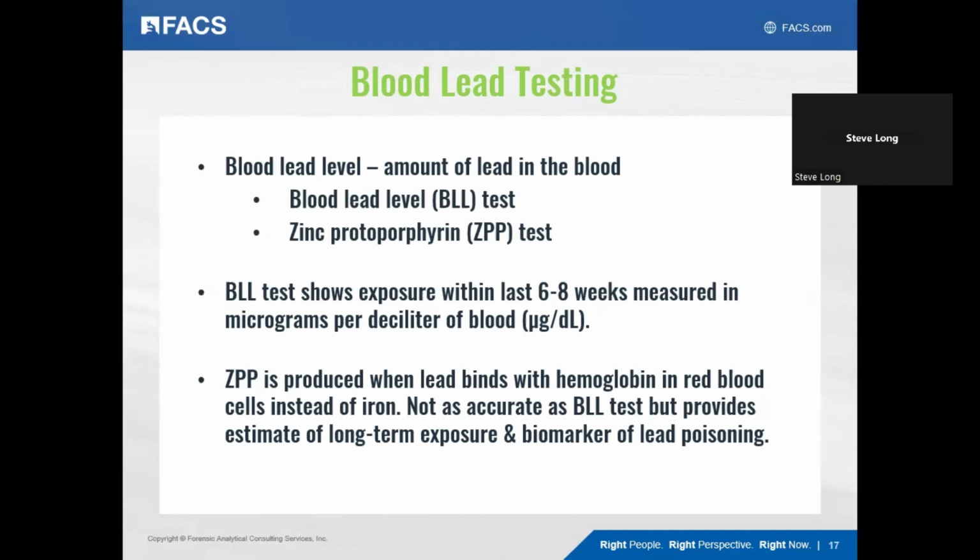So the BLL test shows exposure that has occurred within the last 6 to 8 weeks, and it's measured in micrograms of lead per deciliter of blood. After that time period of 6 to 8 weeks, the body has processed most of the lead out of the blood, so it's time limited. The ZPP, though, is able to look back even farther to show an indication if there's been lead exposure in the past.